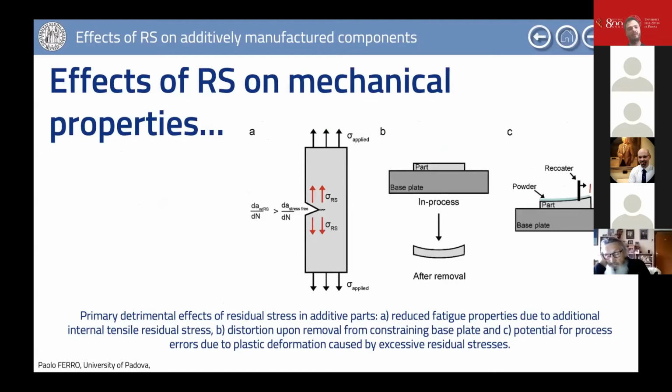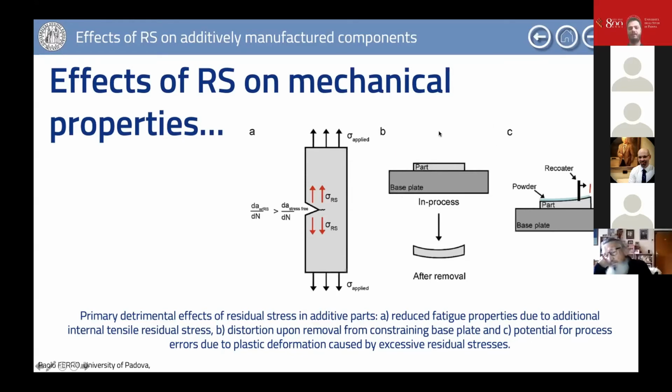Let me consider now the effect of residual stresses in additively manufactured components. We have, in general, three drawbacks when we consider residual stress in a component. Residual stress, first of all, influences the crack propagation in additively manufactured components, improving the speed of the crack because of tensile residual stresses.